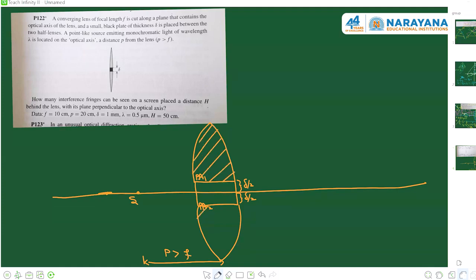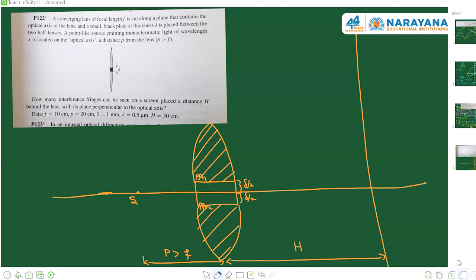So now what he is trying to say is, he has given me a screen at a distance of capital H, and this is my screen axis. And his question is that with this setup, how many interference fringes can you observe on the screen? Number of interference fringes you will get on the screen.